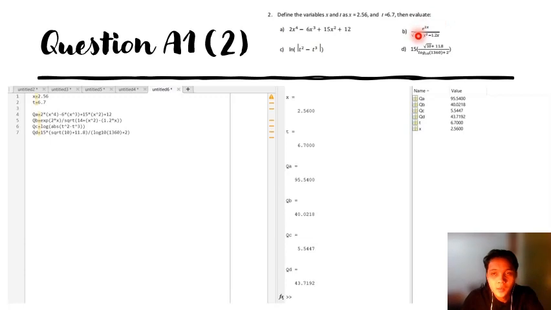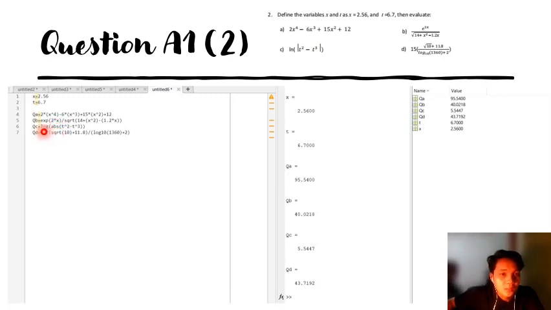So for this B question, it is e exponential to the power of 2x, and then we just write it down. The star indicates a multiplication operation, and then we put the x.